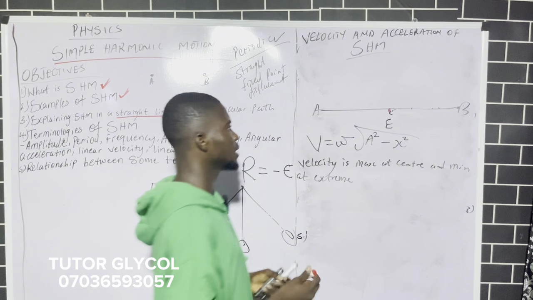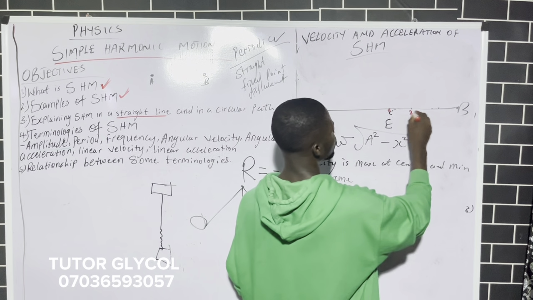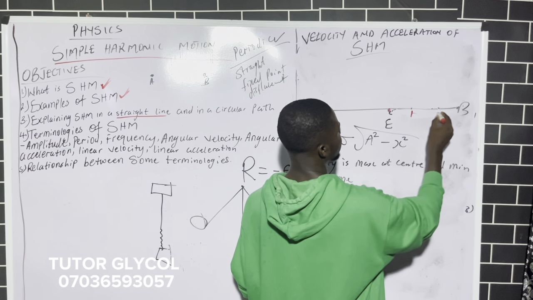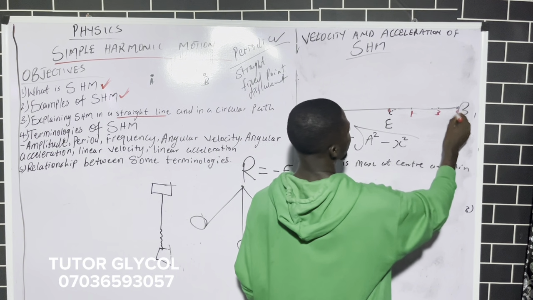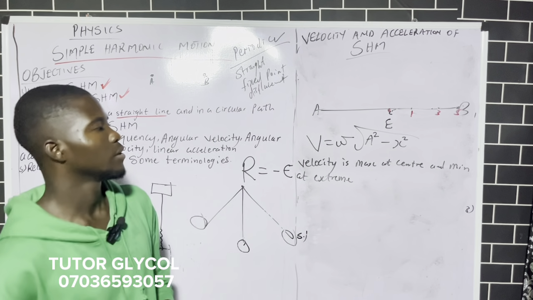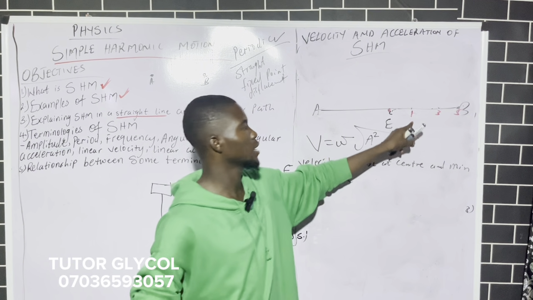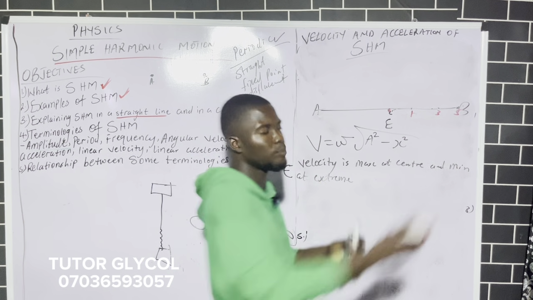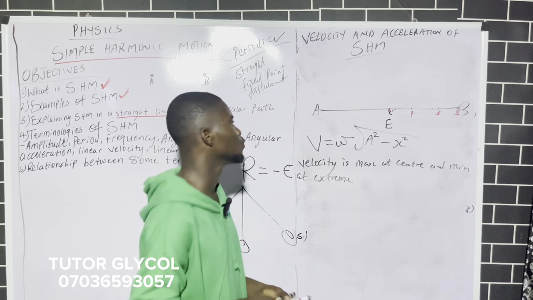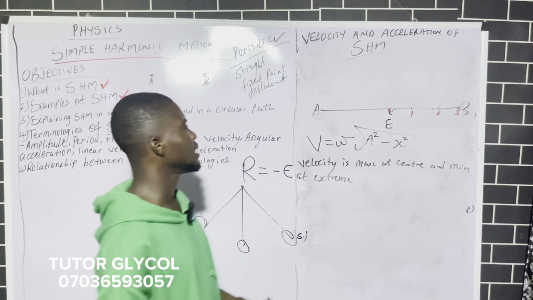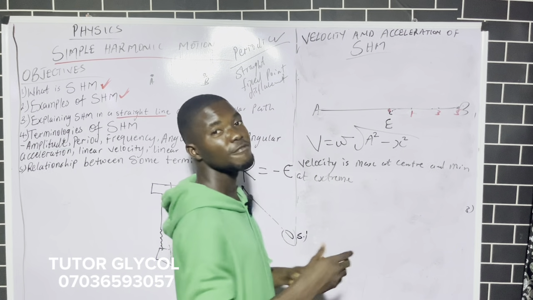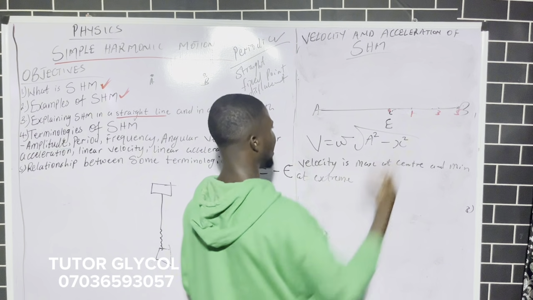At each point, the displacement is different. Let me use 1, 3, 5. These are the displacements. So the first point, x1 is 1, x2 is 3. These are different points. I want to prove these things for you. Let's take the amplitude as 5 as the maximum.